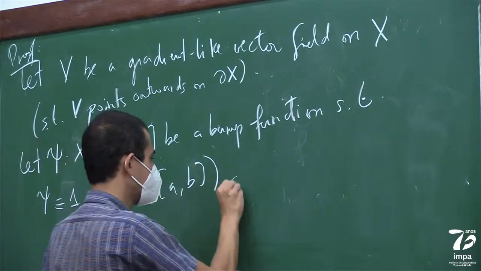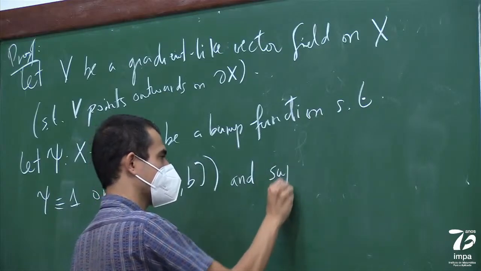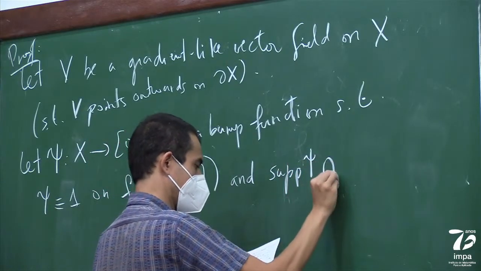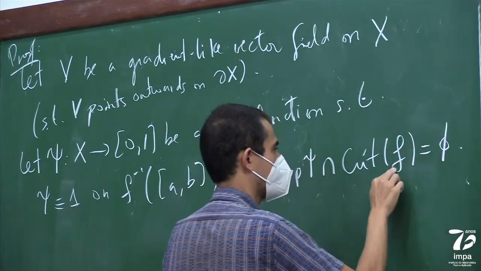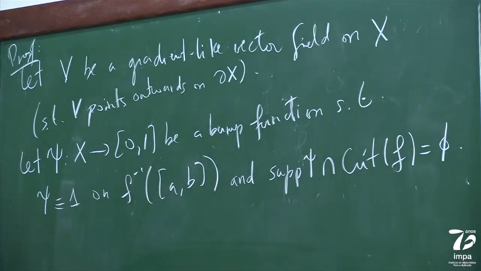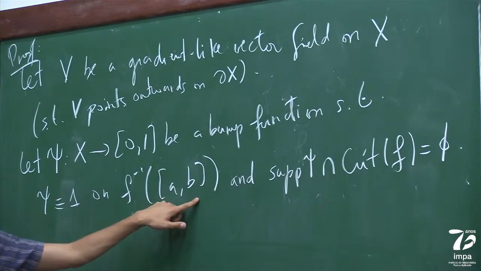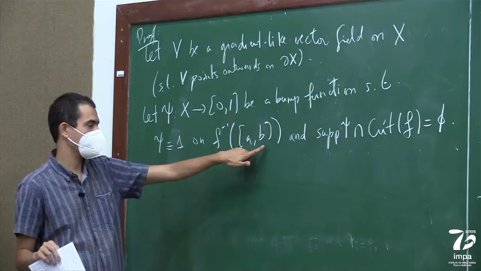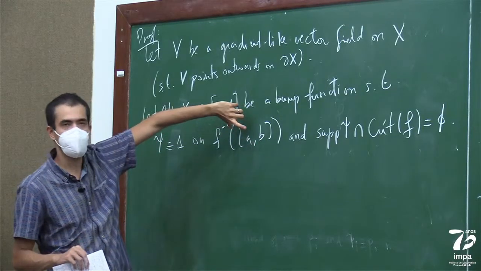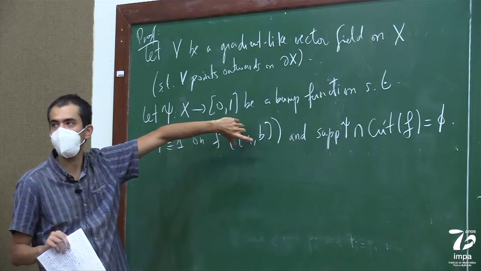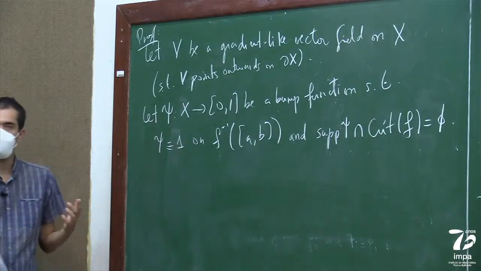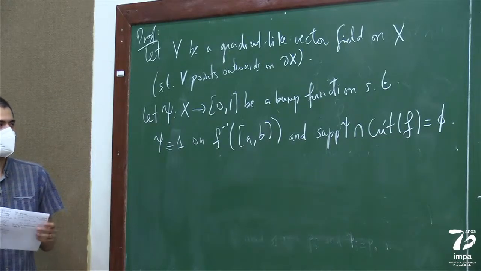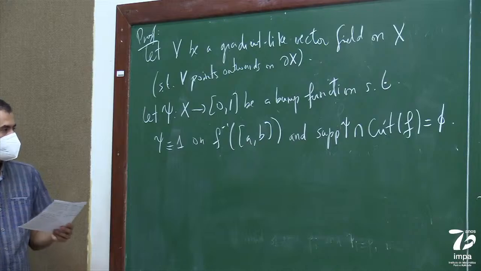And the support doesn't intersect the set of critical points. Okay, so that's supported away from the critical points. And I know I can do that because this interval doesn't have any critical values. Okay, so I can actually even extend it a little bit and find an open set with no critical values.